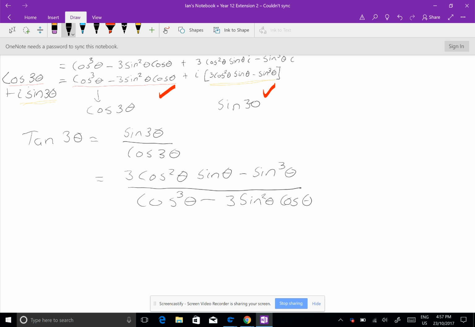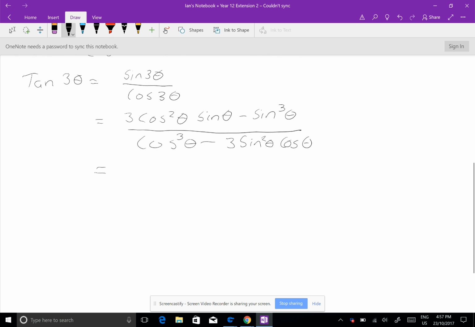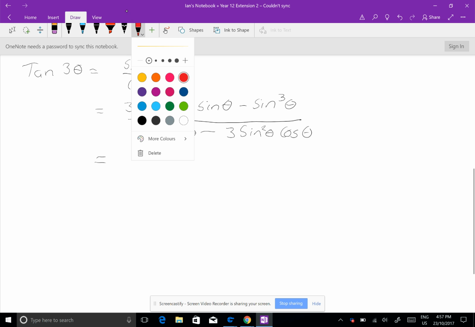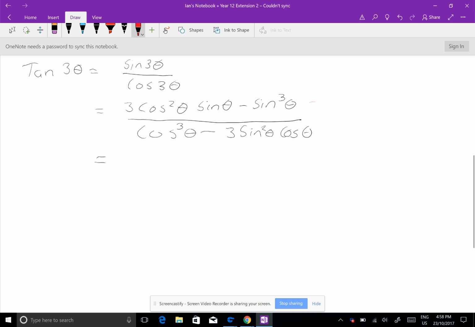Now, what I'm going to do now is a little bit of a trick. I want it in terms of tan. So I'm going to divide everything by cos cubed and watch what happens. I'm going to divide everything on the top by cos cubed and everything on the bottom by cos cubed, which won't change anything. I'm dividing top and bottom by the same number.